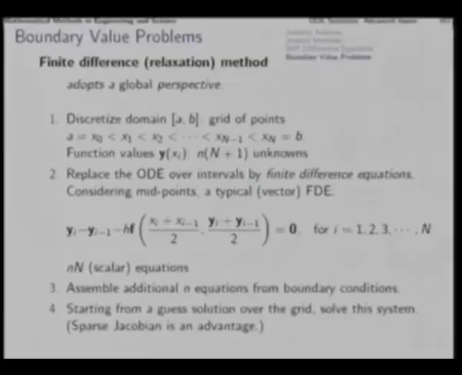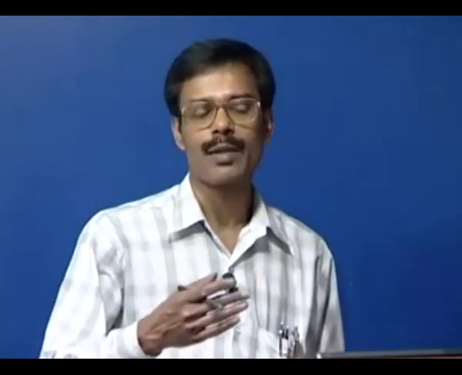And now we go back to the initial value problems and consider a few important and interesting issues in the solution methodologies of initial value problems. In the previous lecture, we discussed methods for solving initial value problems of ordinary differential equations. Now we try to address a few important questions regarding the way the method handles the differential equations.